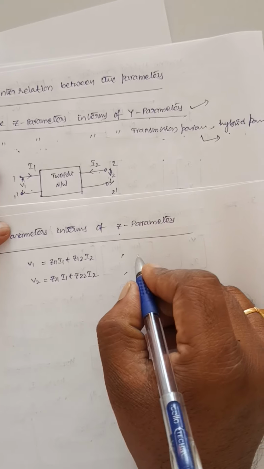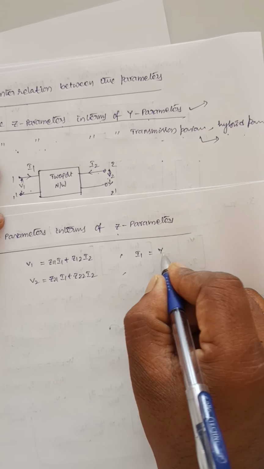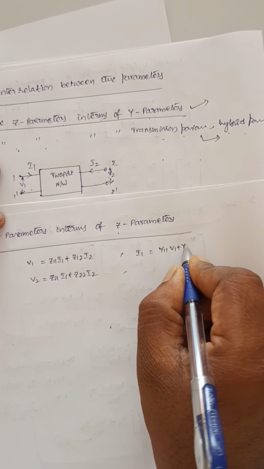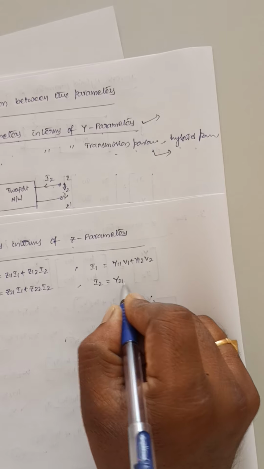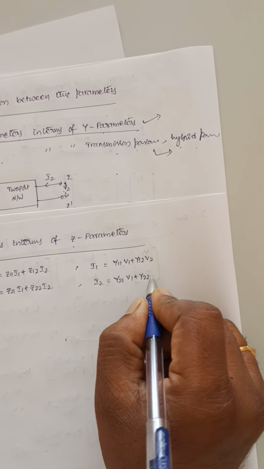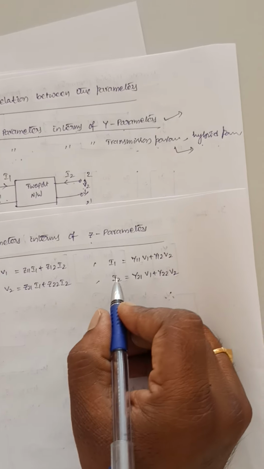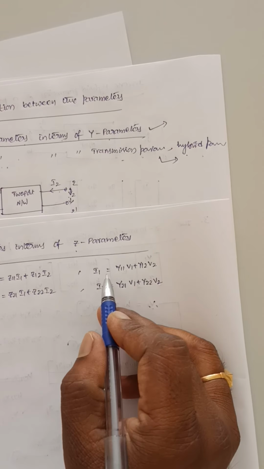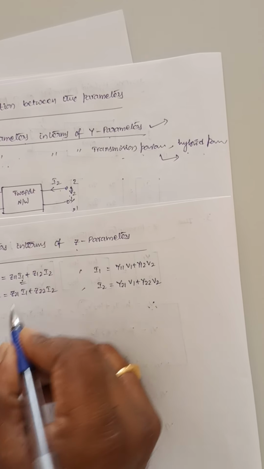Now the Y parameters equations: I1 is equal to Y11 V1 plus Y12 V2, and I2 is equal to Y21 V1 plus Y22 V2. I need to convert these equations like this. For that, write Cramer's rule.